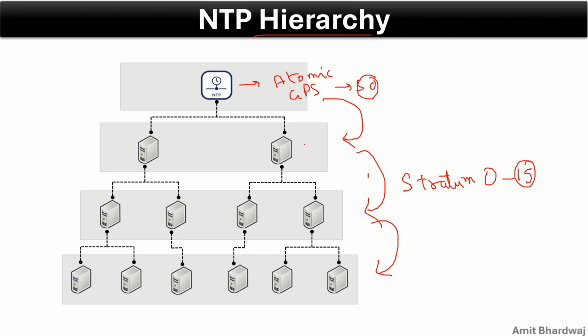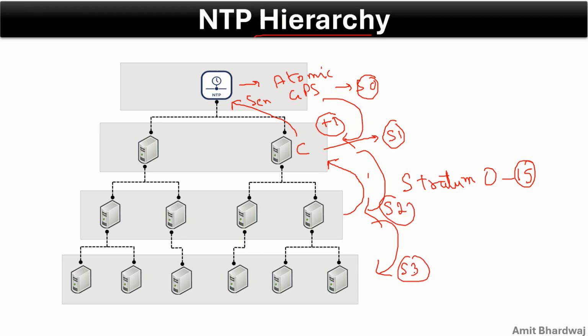Now, when the clients take a reference from this server, a plus one of stratum is added. So this client takes the clock and becomes stratum 1. In the same way, other clients which take the time value from S1 will become S2 and hence S3.